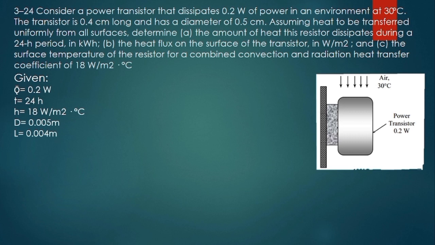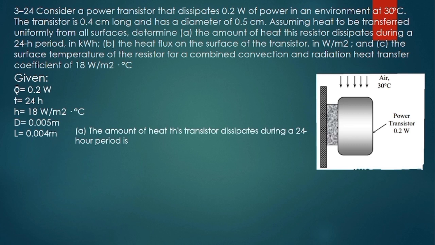So we're going to find first the amount of heat this transistor dissipates during a 24-hour period. The equation that we're going to use is Q is equal to power of the transistor times change in time. So we have power transistor 0.2 watt times the time of 24 hours.